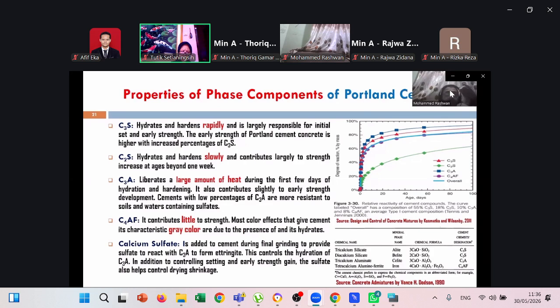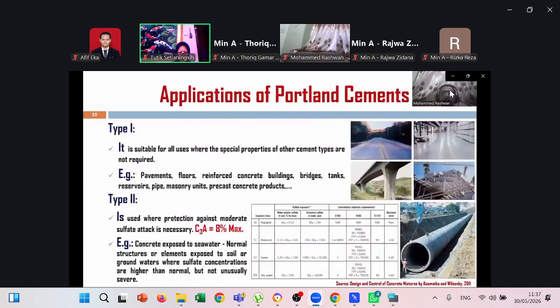The gray color of cement depends on the percent of alumina and iron, especially iron and magnesium. And as I mentioned before, calcium sulfate is added to cement for controlling the setting and to improve the shrinkage and the stress development of the concrete.